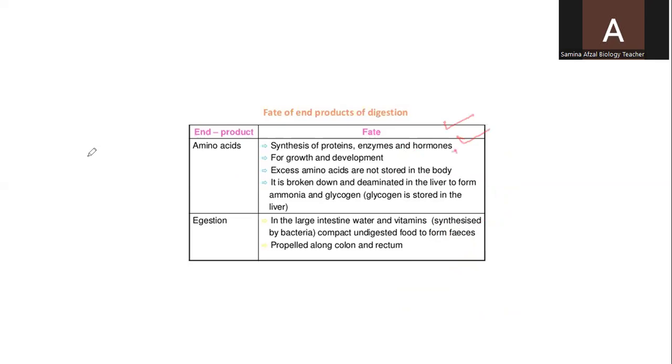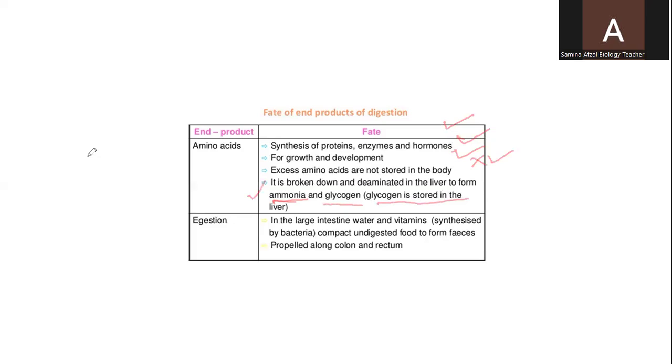They are needed for growth and development. But I had already told you in the previous videos that amino acids are not stored in the form of proteins. So they are deaminated, they are broken down in the liver, and as a result, they produce ammonia and glycogen. Glycogen is stored in the body, but ammonia is excreted out.